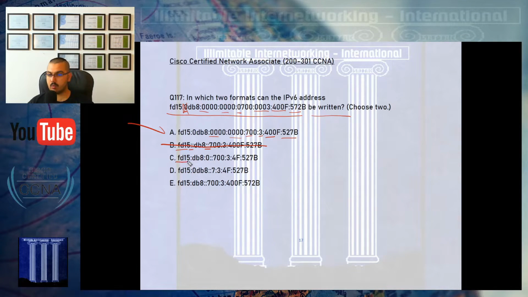C says FD15:db8, so the zero on the left is removed, no problem, and then zeros become 10, okay, and then a double colon for 700, so only this part will be replaced by a double colon.